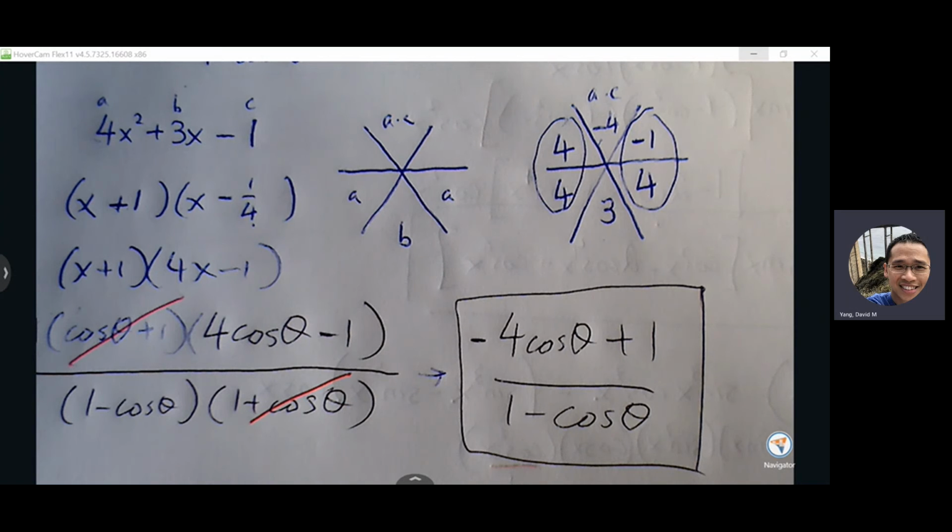I think it'd be like the C value. I mean, you definitely do 4 and negative 1. Yeah, I can do -1x plus 4x.